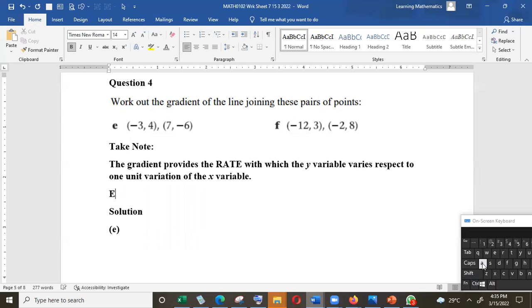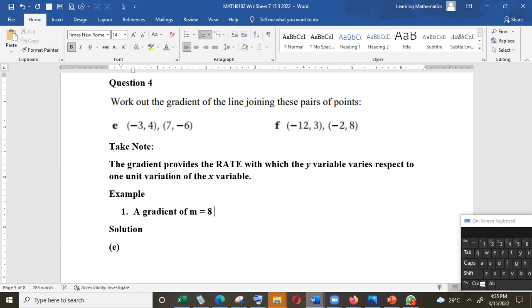So for example, example 1: let's say a gradient of 8. You can put m is equal to 8, because m is the international letter for gradient.